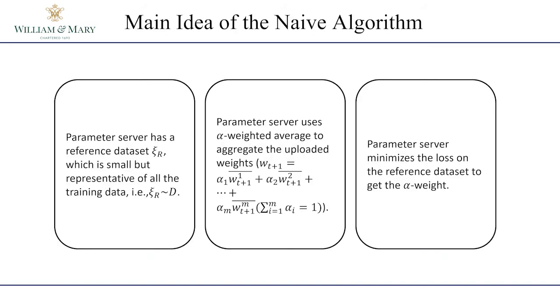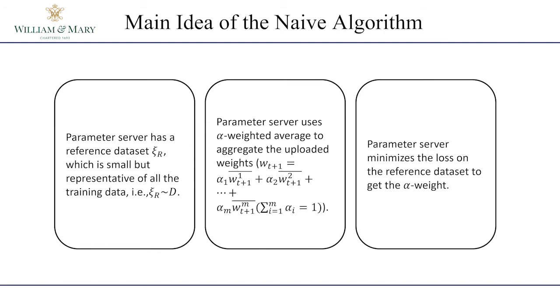We first introduce the naive algorithm based on the reference dataset to defend against Byzantine attacks. Here we first assume that the primary server holds a small but representative reference dataset. Let Xi be the reference dataset.